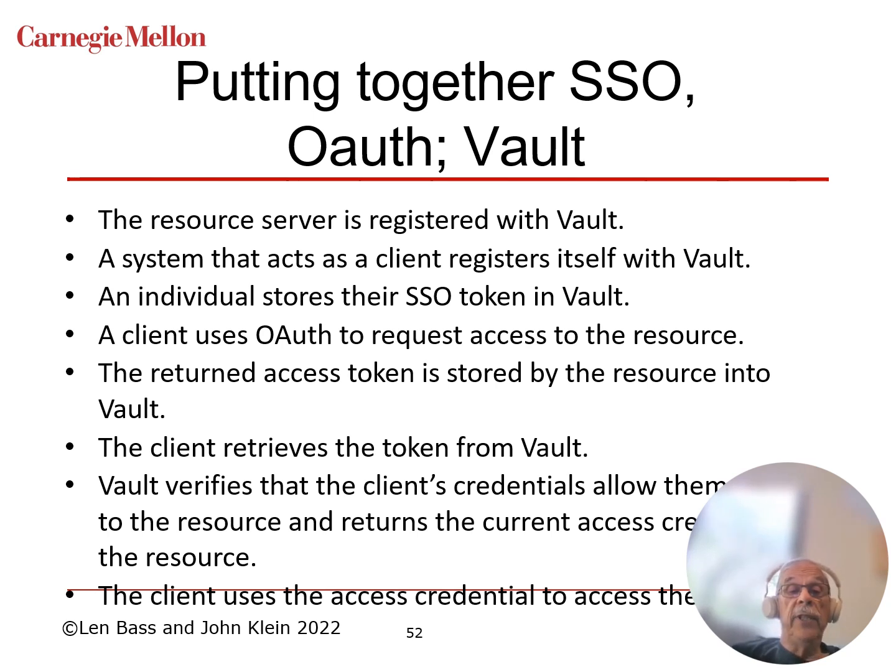And then the client retrieves the token when it's time to use it. Because Vault has its own sign-on mechanism, it verifies that your credentials allow them to the token, and it returns the token to current access control, and then the client uses the access control. So these three things that we talked about, SSO, OAuth, and Vault, work together. And again, SSO depends on LDAP, so there are really four kinds of things that work together.